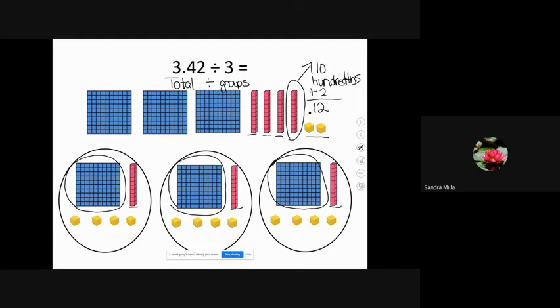So our answer would be what is inside of our group. If you notice that it does not distribute evenly, you have to break it, exchange it, just like we would do with money.